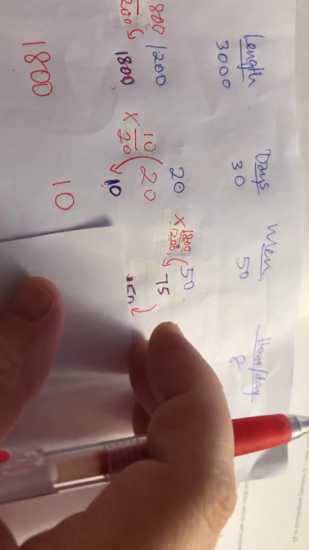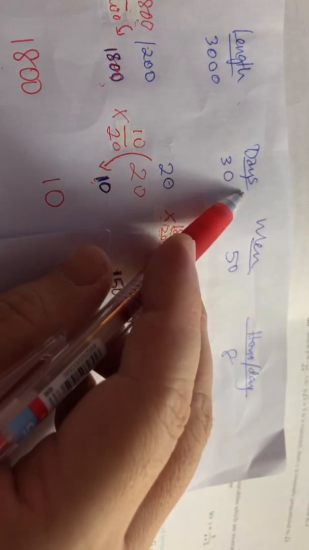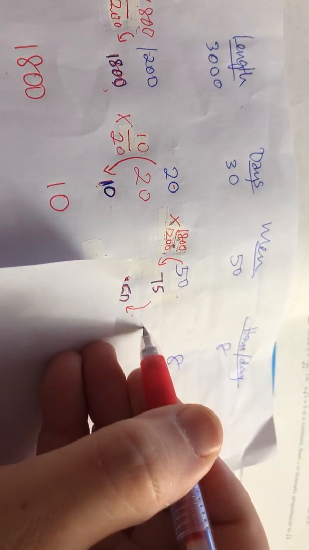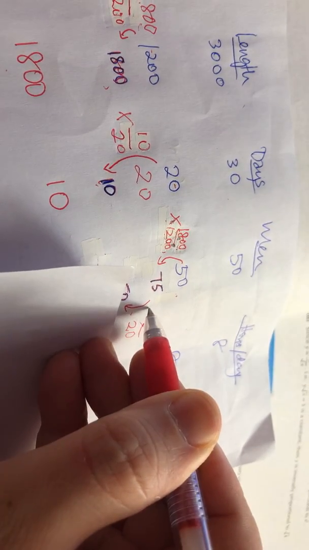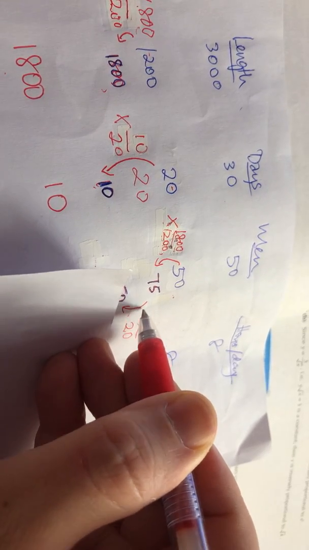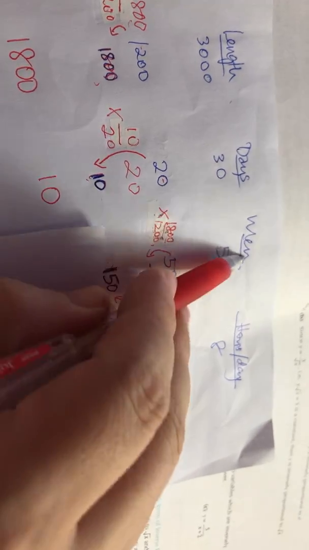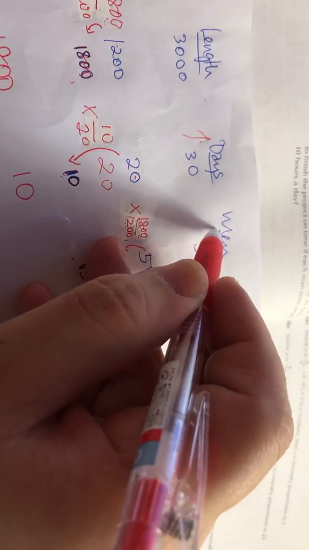Okay, now you do the same thing here, but before you multiply or divide, this same thing is 10 over 20, right? Before you can decide whether it's a times or a divide here, you need to know whether they are directly or inversely proportional. Okay, so you think to yourself, if I have more days, do I need more men?